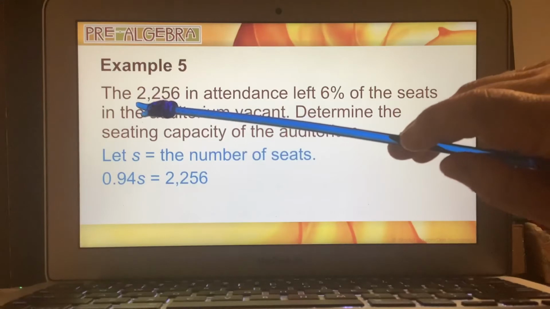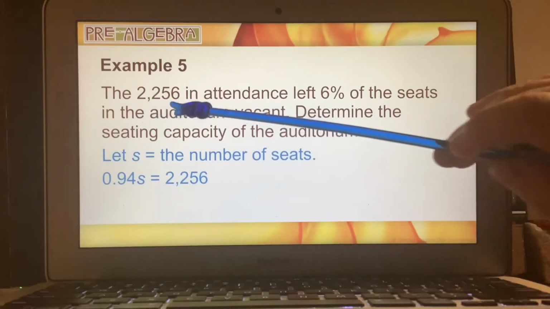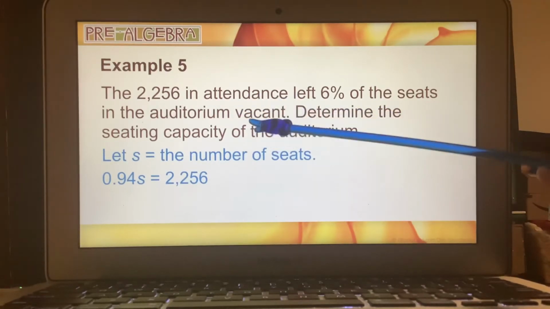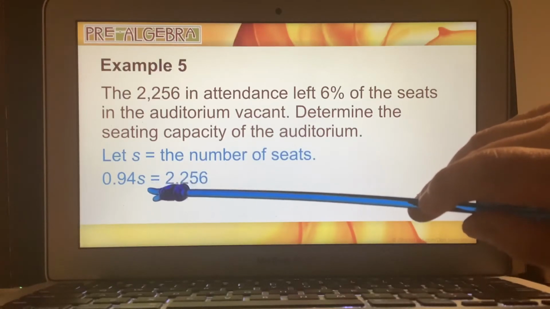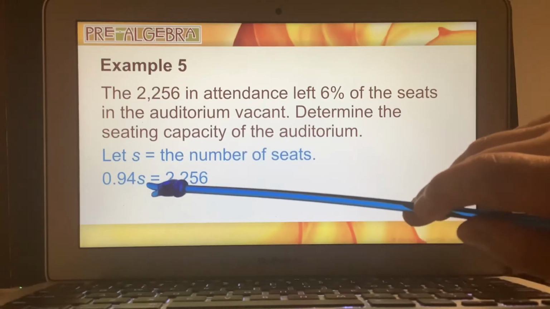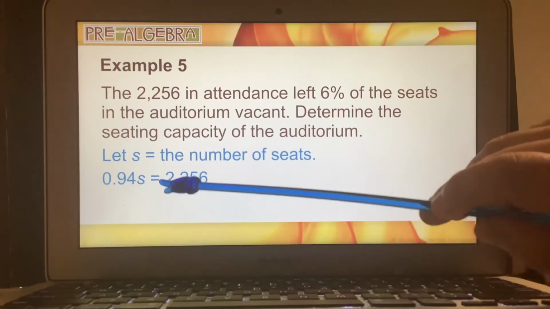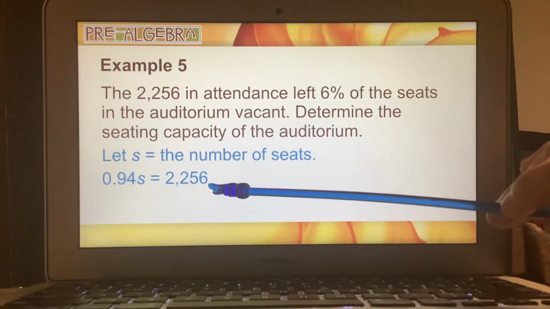And 2,256, that's the part, because that's the number of people who showed up. But the total number of seats in the auditorium is your S, or the whole. So we have 94% of the whole, 0.94 times S, is equal to the part, and that's 2,256.